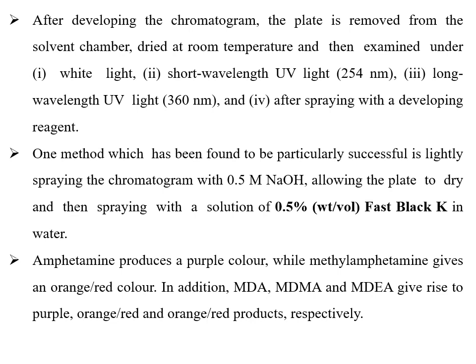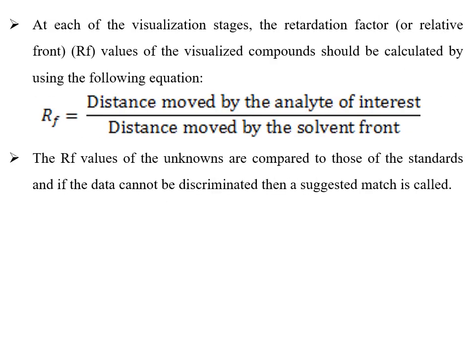Amphetamine produces a purple color, while methamphetamine gives an orange or red color. In addition to these, MDA, MDMA, and MDEA give rise to purple, orange-red, and orange-red colors respectively on the TLC plate.